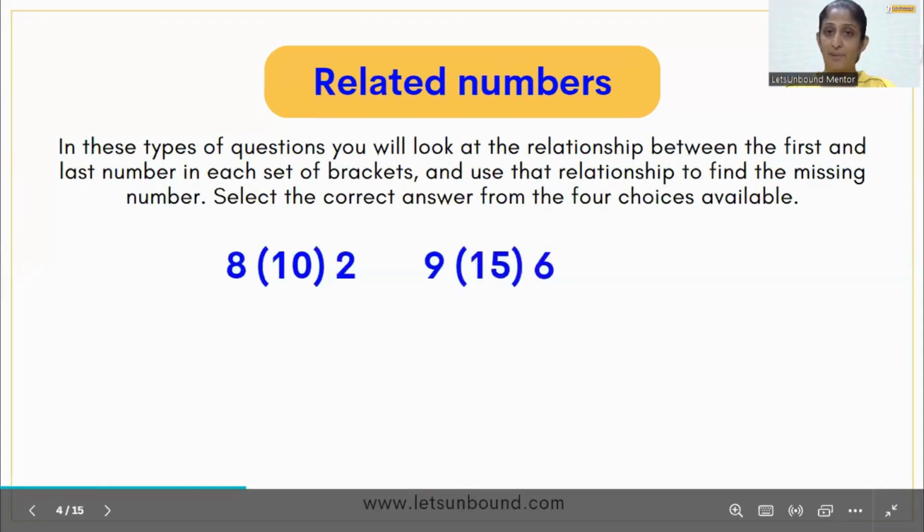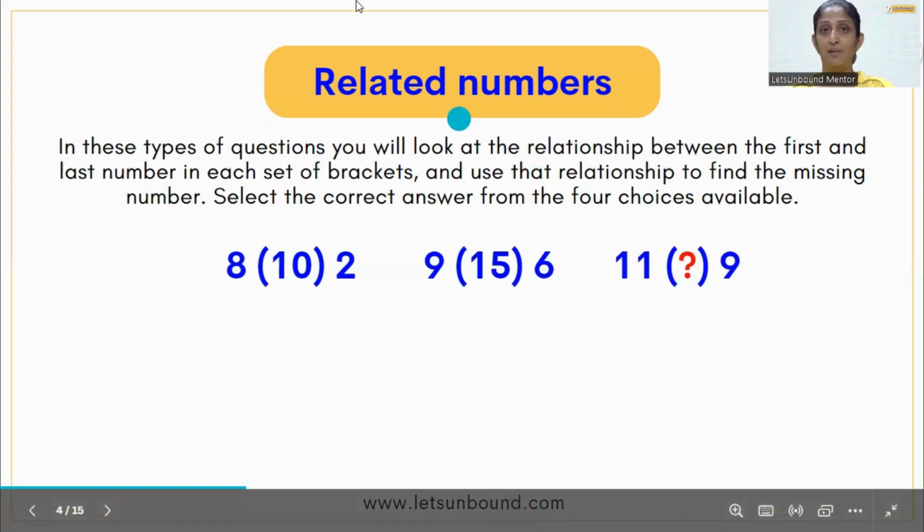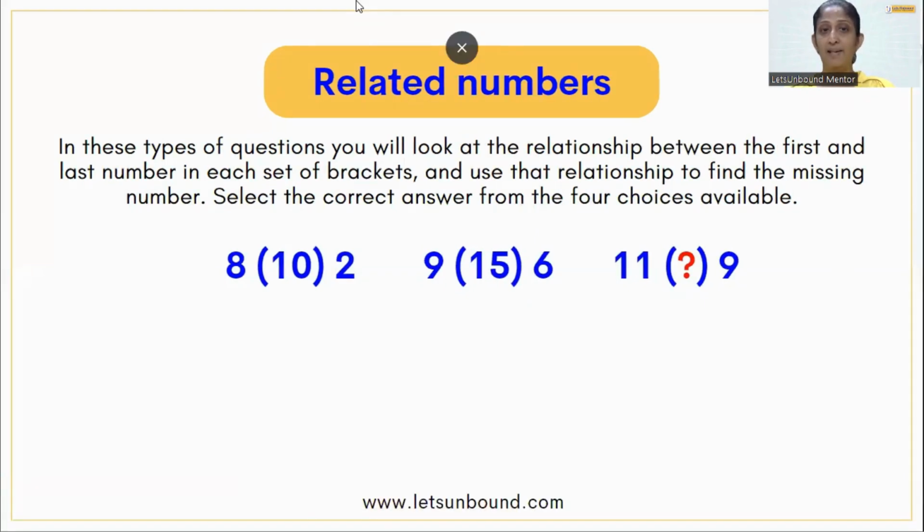So for example, we have these series of numbers. Now, if you see here, the numbers are 8, 10, and 2. What is the relationship between these two numbers so that we get the number in this bracket? This is what we have to find out.